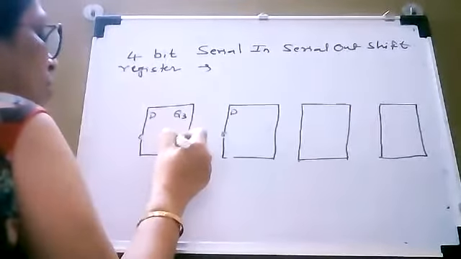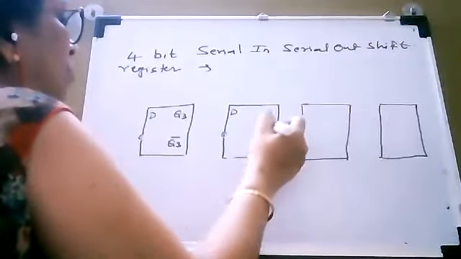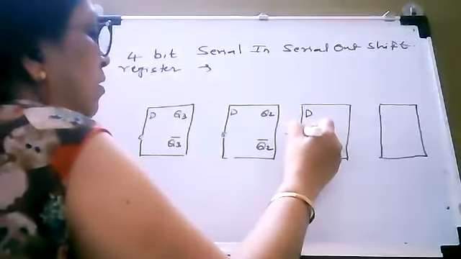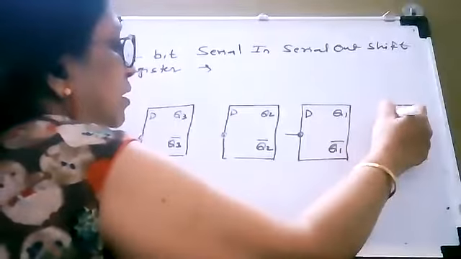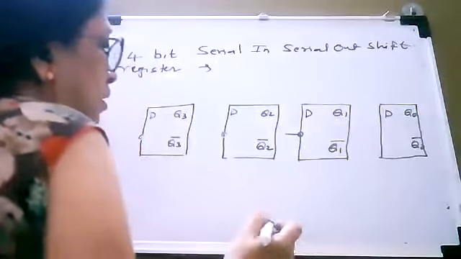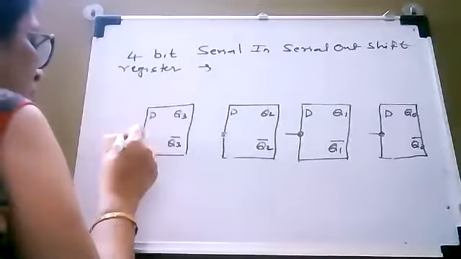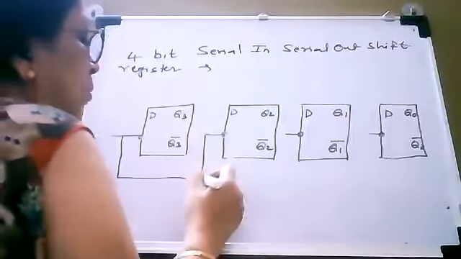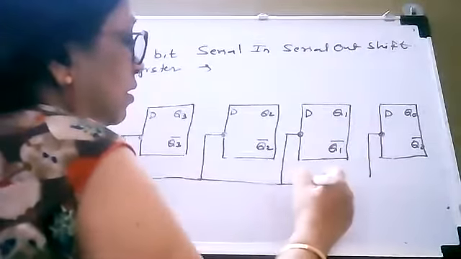Let us call it Q3 bar here, Q2 bar, D, clock, Q1 bar, D, Q0 bar. Everything has a clock, and these clocks are applied simultaneously to all.